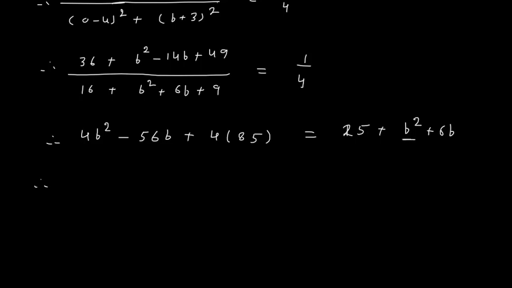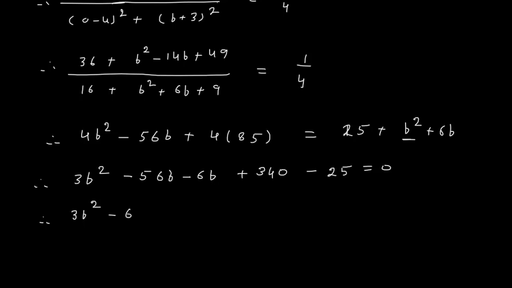Now bring b square to the left, so it becomes 3b square minus 56b minus 6b, that is minus 62b, plus 340 minus 25, which is 315, equals 0. So now this problem is a little tough.